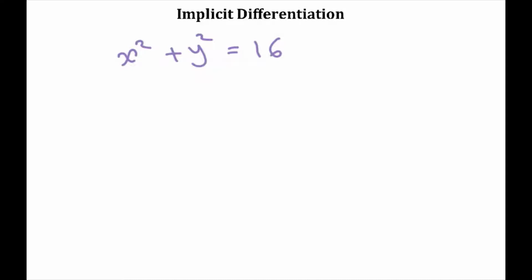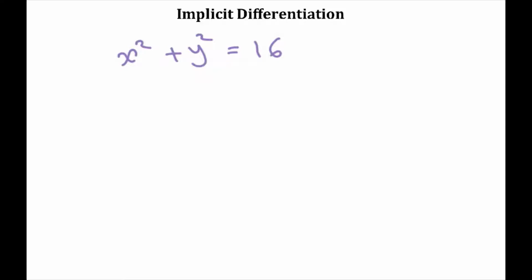Well, then you have to use something called implicit differentiation. So in this case, you cannot do a normal explicit differentiation. You have to use implicit differentiation, which is basically just a special kind of chain rule.